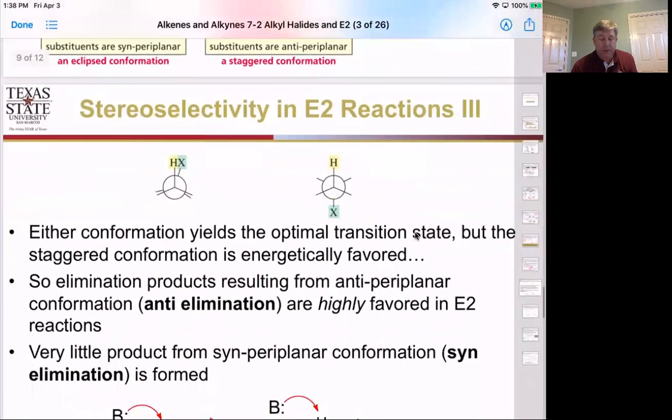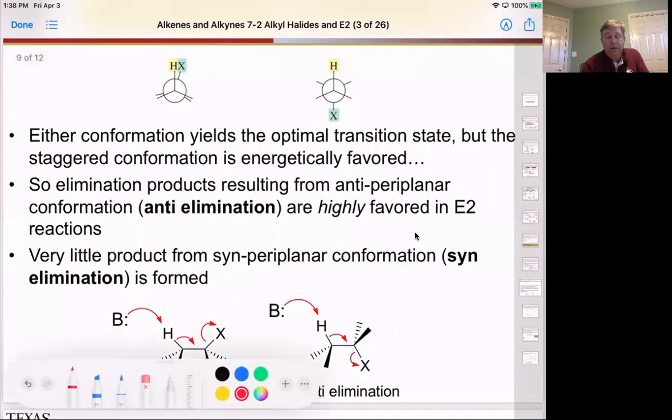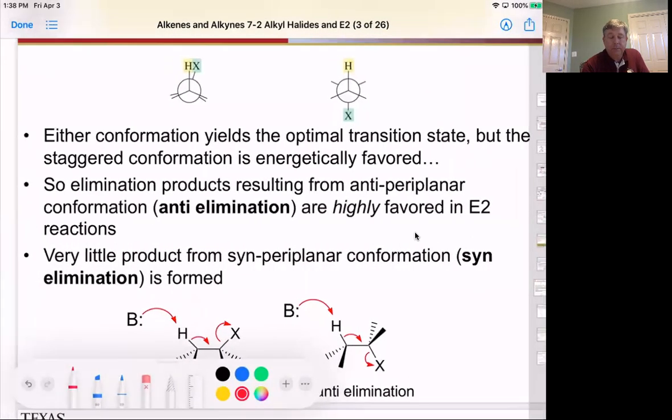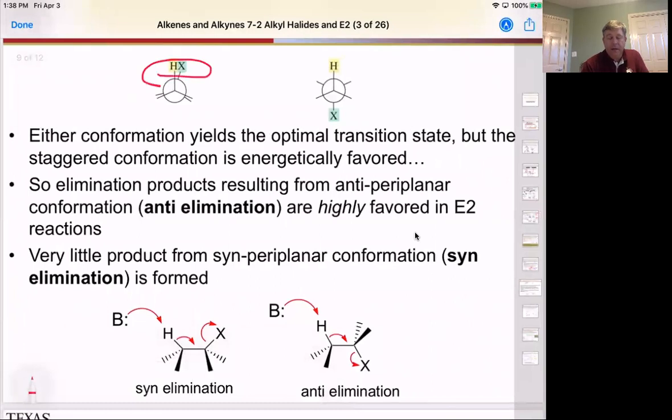All right, so this is a little more in-depth description here. When we have the configuration such that you have the halogen and the base on the same side, you're going to have the base come in, these electrons kick in, and the electrons kick out.